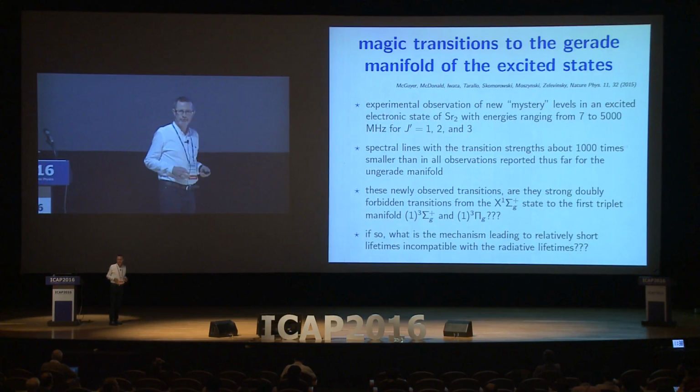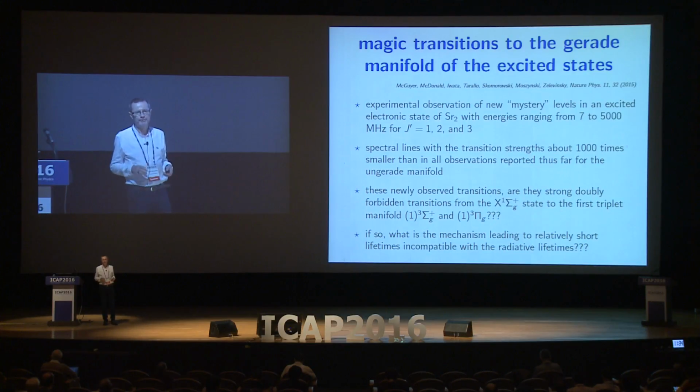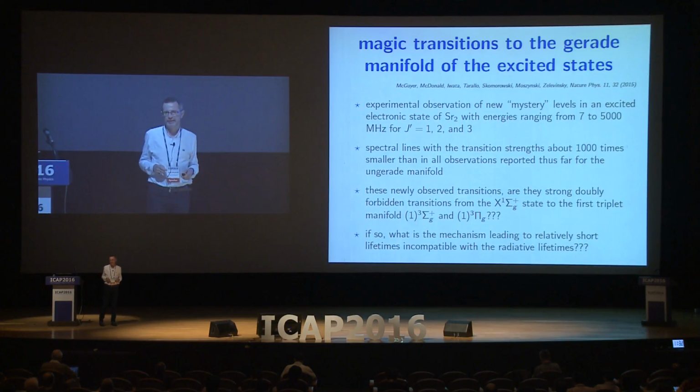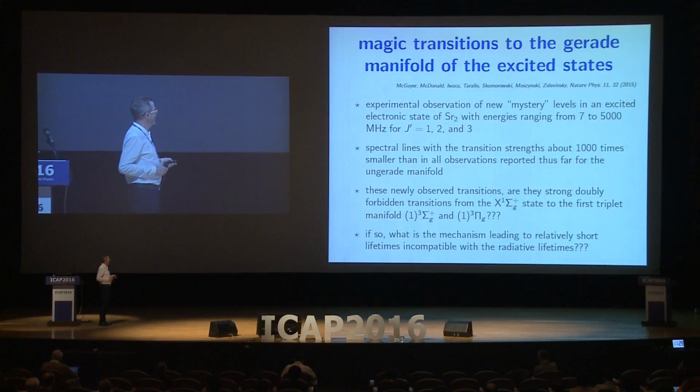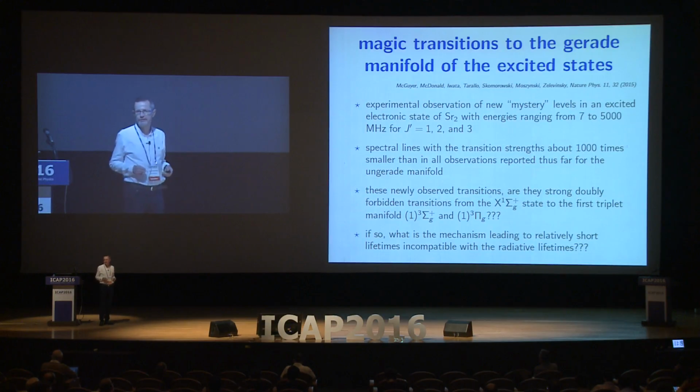And we knew for sure that these cannot be ungerade levels because we knew everything about the ungerade manifold. Well, these levels were quite peculiar just because the spectral lines had transition strengths about 1,000 times smaller than for any other transitions.